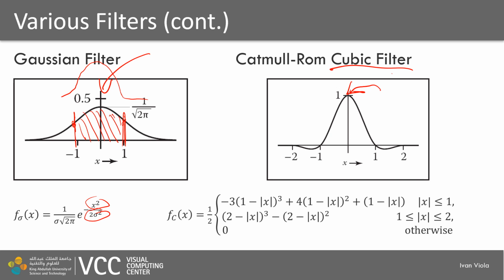Back to the cubic Catmull-Rom filter. It is an interpolative filter, which means that the reconstruction will go directly through the samples, so the sample values and the values of the reconstructed function will be aligned. However, the other aspect is that in order to get an overall integral of 1, there is some negative part of this filter.